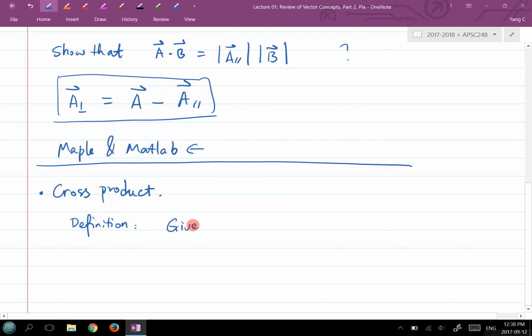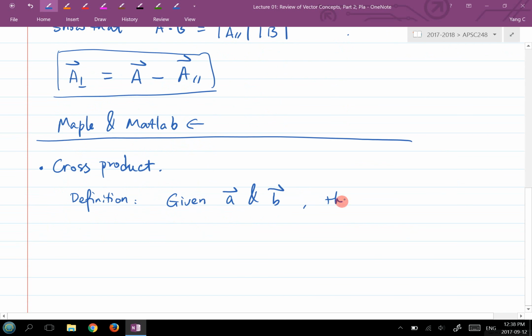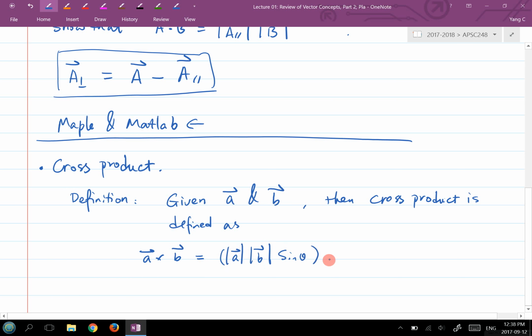Suppose we're given two vectors, let's say A and B. Then the cross product is defined as A cross B equal to absolute A, absolute B, sine theta n hat.